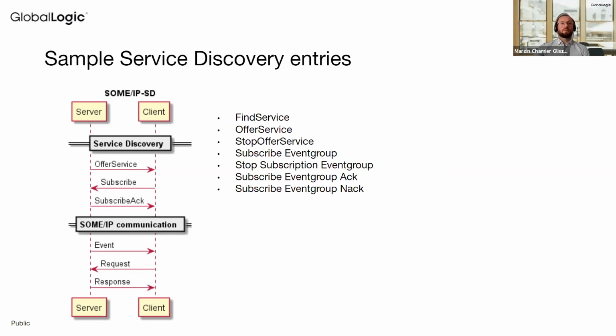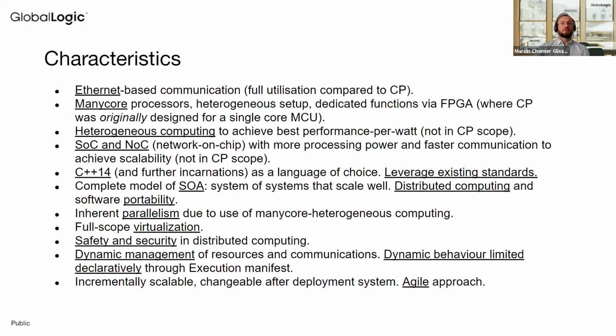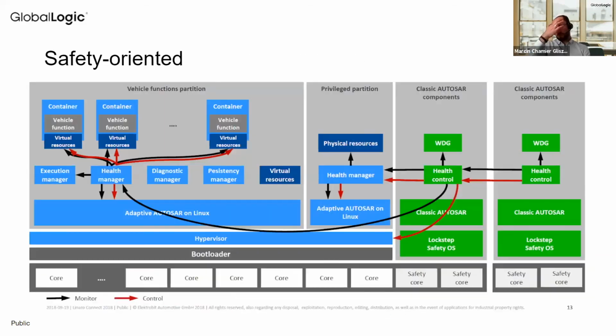Yes, as I showed already in the slide before. So we can have, for example, this part all together as one ECU. So we can have the adaptive platform and classic platform on one system.